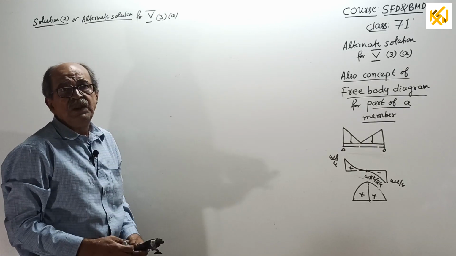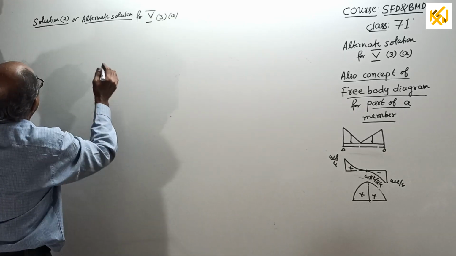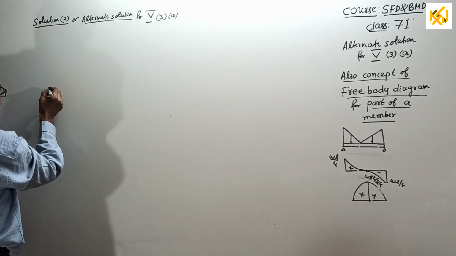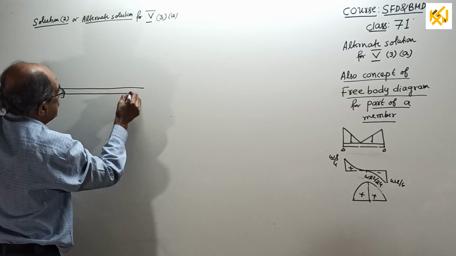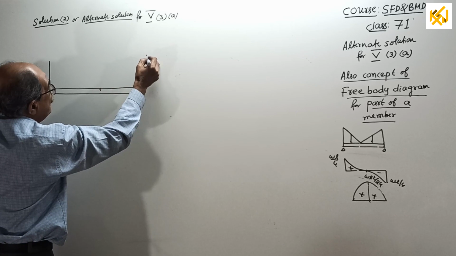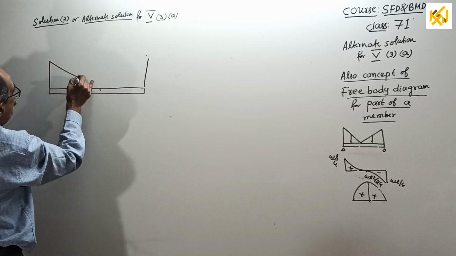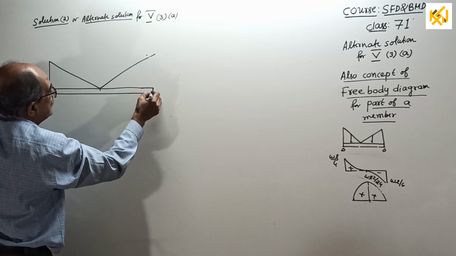If you remember, I wrote it after finding the reaction. So the reaction is common. First, draw a sketch with the reactions. This you already know. First, a sketch with the reactions. You see correctly how easy this is. Very much useful, but provided you learn seriously and understand.